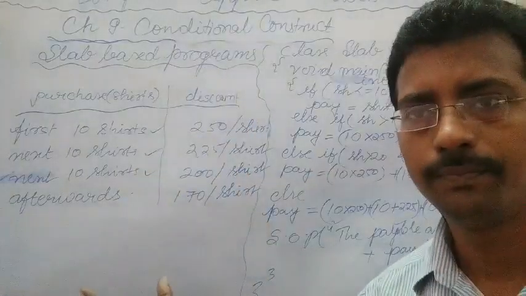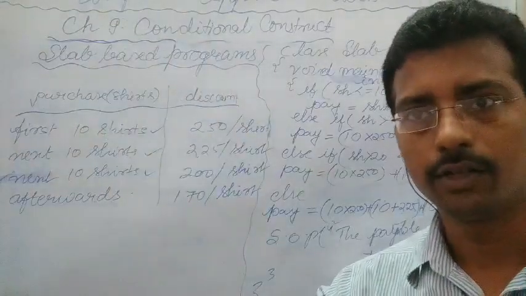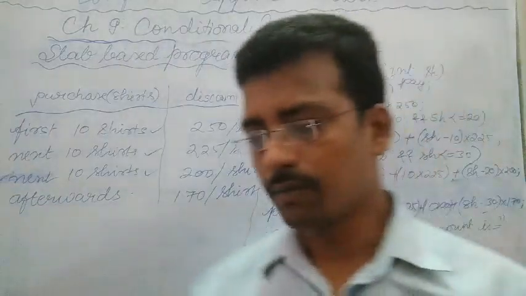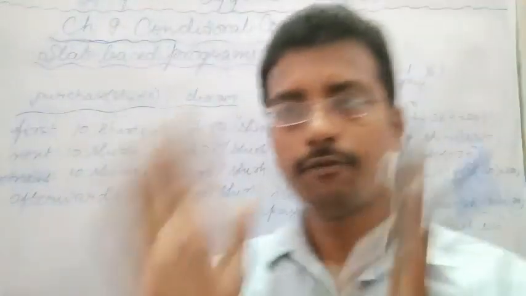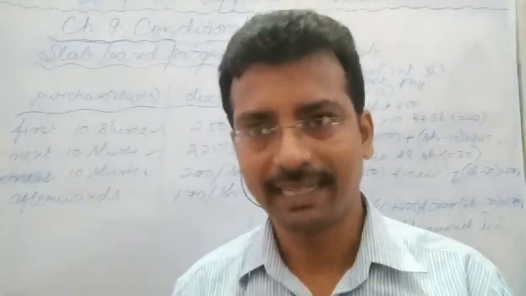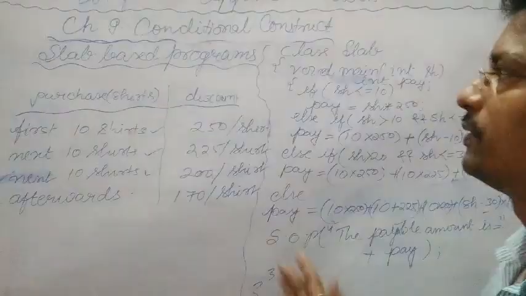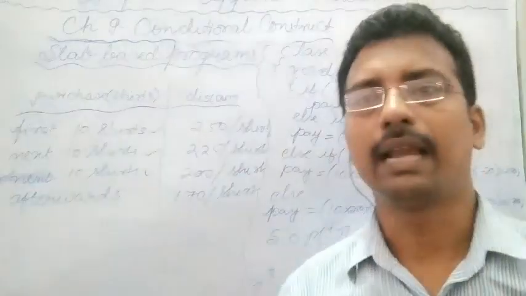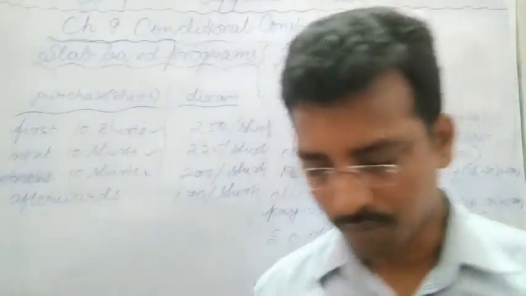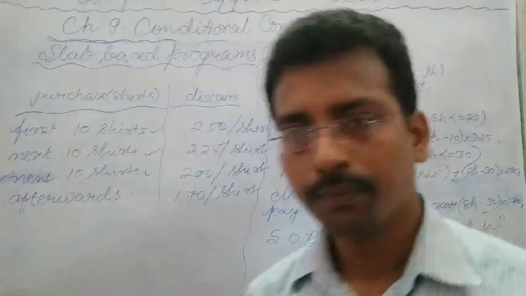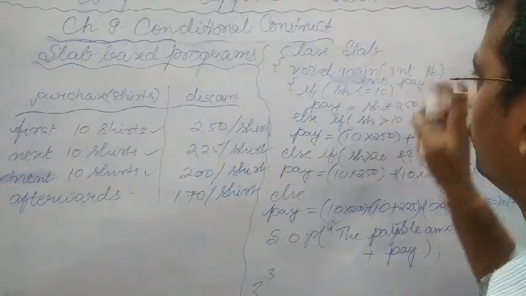So you can easily get 45 marks with minimum effort. Clear? So this way you have to practice slab based and direct calculation programs. One more example I would like to tell you, so that this logic will be clear for you all.